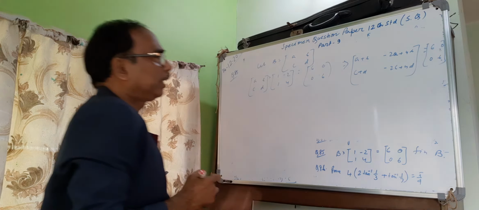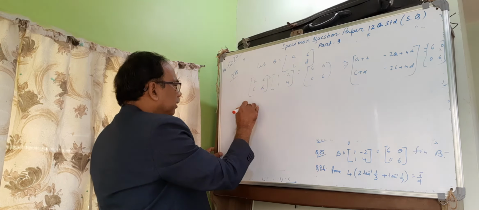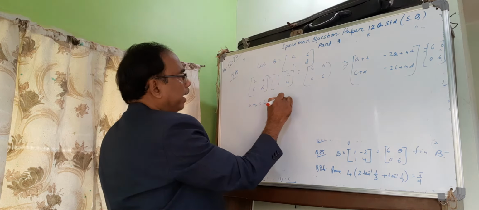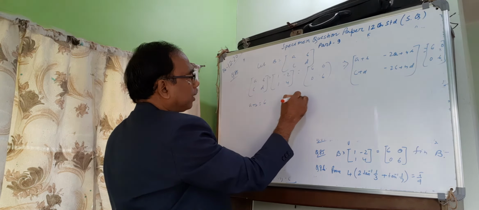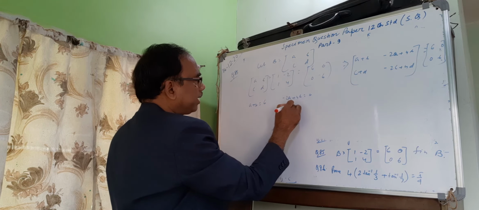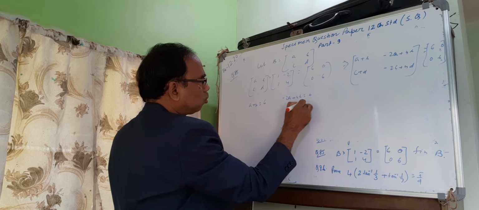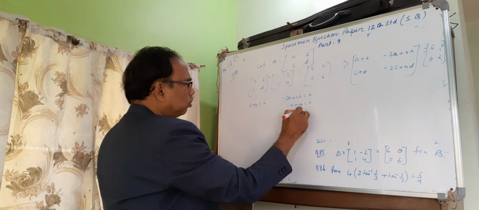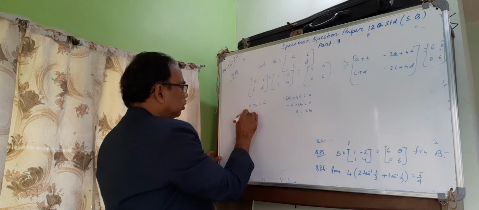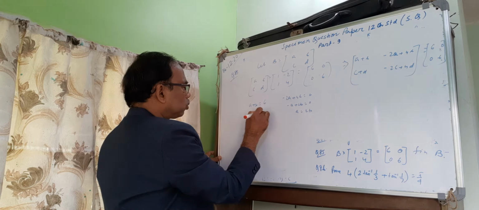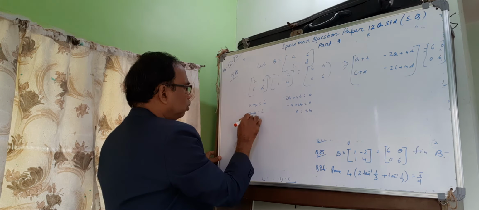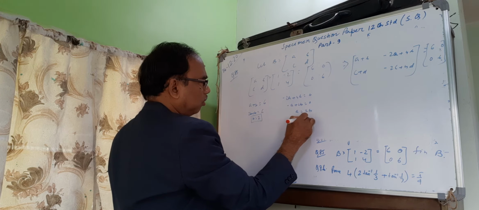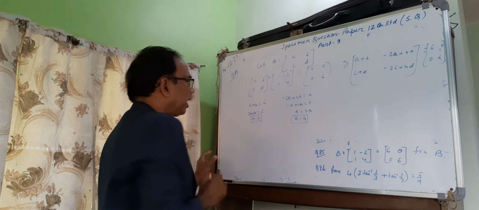Now comparing, A plus B equals 6 and minus 2A plus 4B equals 0. That is minus A plus 2B equals 0, so A equals 2B. Then 2B plus B equals 6, so B value is 2, and A value is 4. Got A and B.